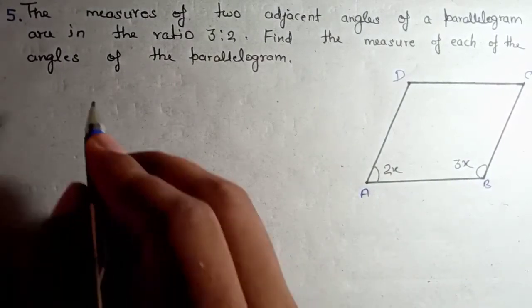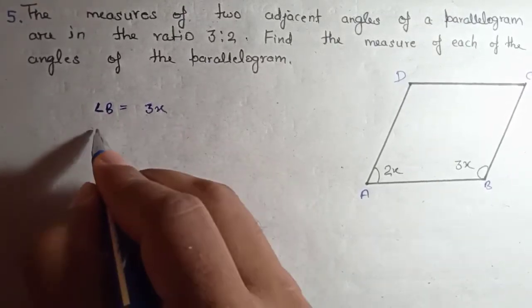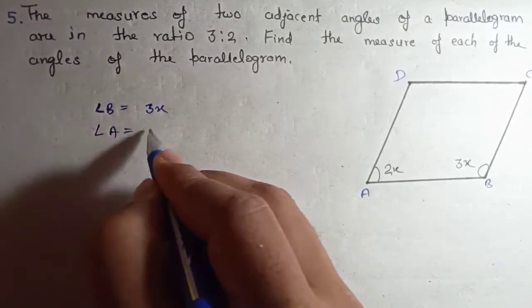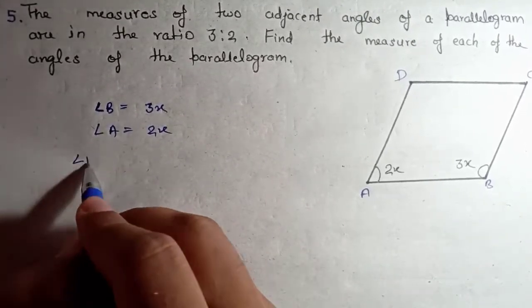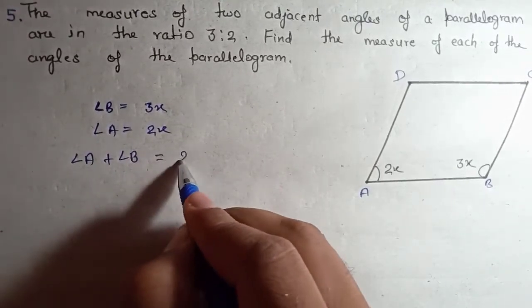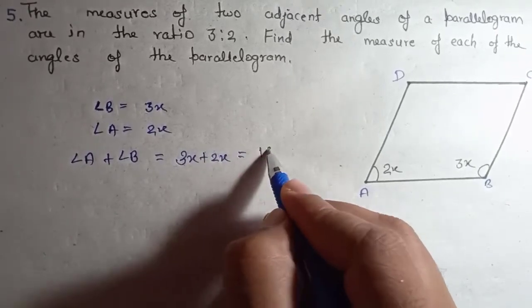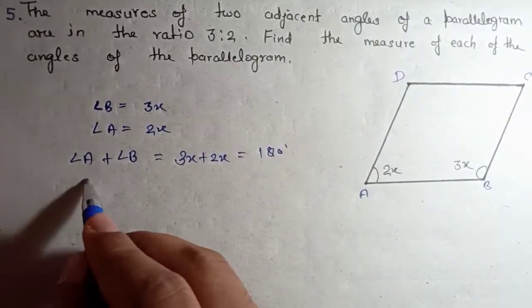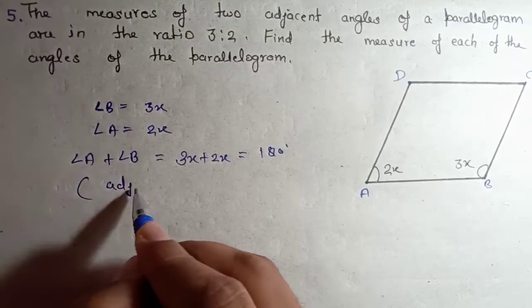So we have angle B is equal to 3x and angle A is equal to 2x, and they both are adjacent angles. So sum of angle A and angle B is equal to 3x plus 2x, and that is equal to 180 degree. Why? They both are adjacent angles.